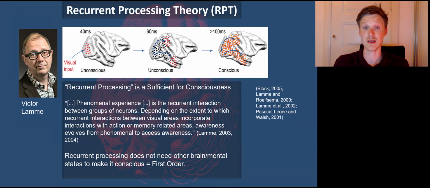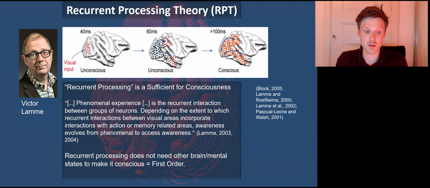And this processing is still unconscious. And then at some point, the current of electrical activity returns and it becomes recurrent, similar to a boomerang. It sort of goes back on itself. And Lamme claims that this type of neural correlate is the neural correlate of phenomenological consciousness.